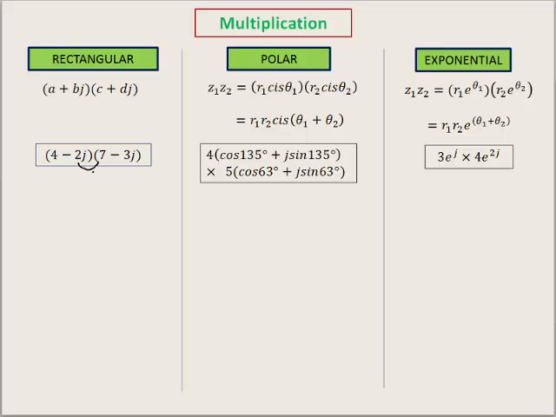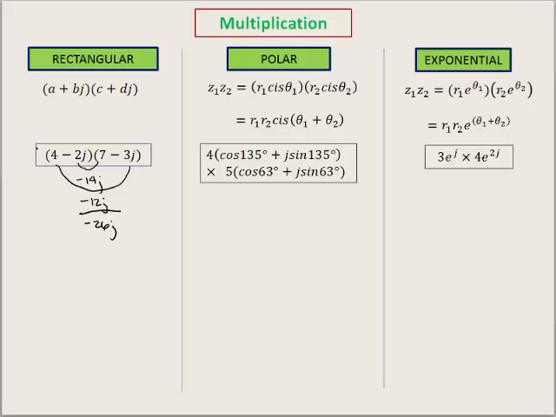So there's my first smiley face, and I've got minus 2j times 7j gives me minus 14j. And my second smiley face, minus 3j times 4 is minus 12j. I come down and I add those together. I get minus 26j. That's my middle term.